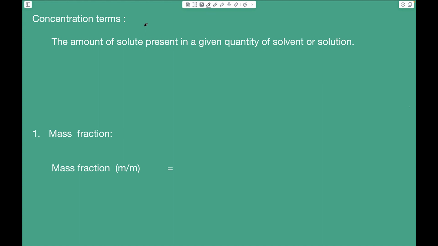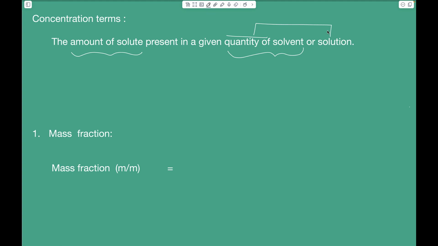It is the crowdedness or the density of the solute particles in the solution. And as we discussed before, it obviously depends on two things. One is the amount of solute taken, and the other is the quantity of solvent in which it is dissolved, or the quantity of solution that is prepared.